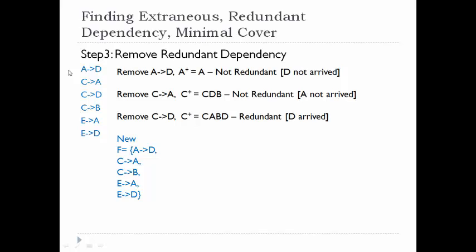So we can say this dependency C tends to D is redundant. So we are going to remove this and then only we are going to the next step. Now the new set of functional dependencies after removing C tends to D is this.